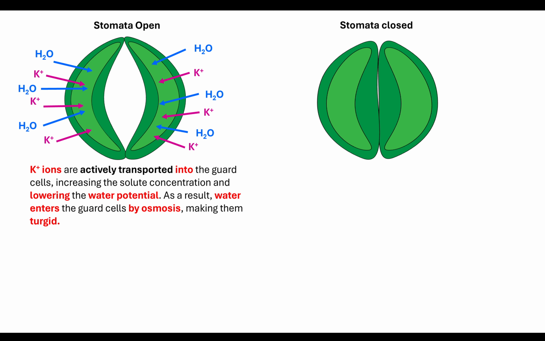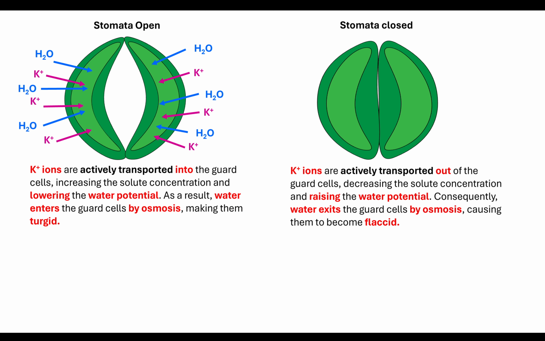and the stomata will open. The stomata open, that therefore allows for the diffusion of carbon dioxide into the leaf, and that will allow for photosynthesis to occur. Now, as a consequence of that, water will be lost by transpiration. So the plant can close its stomata, and in this case, the potassium ions are actively transported out of the guard cells.